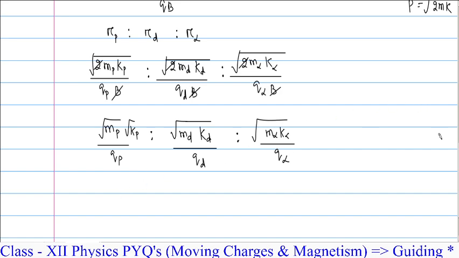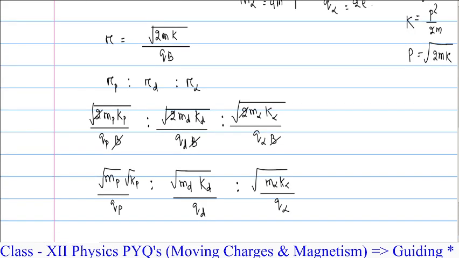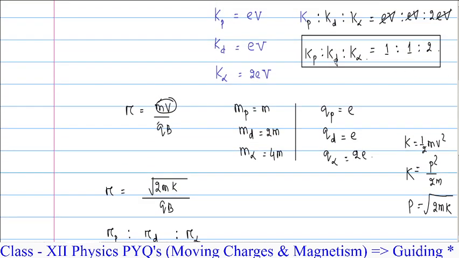For the kinetic energies, Kp is to Kd is to K alpha is 1 is to 1 is to 2. Clear?